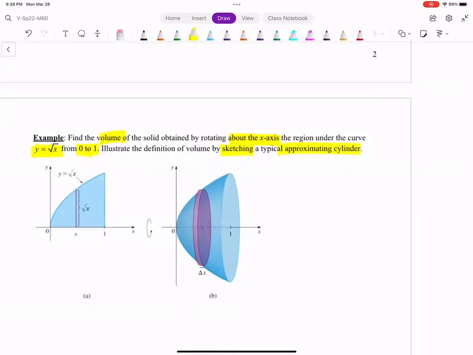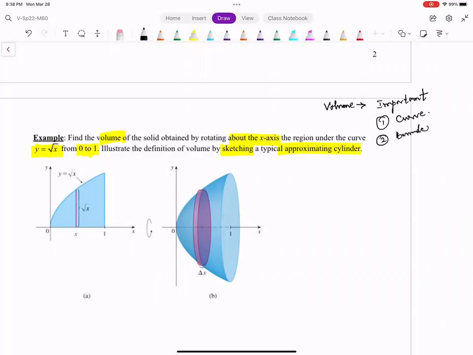So in every volume problem, what you have to remember is what the important pieces of information are. What are the three pieces of information that are important in a volume problem? What is the curve it is made up of? Which curve are you rotating? What values is it bounded by?